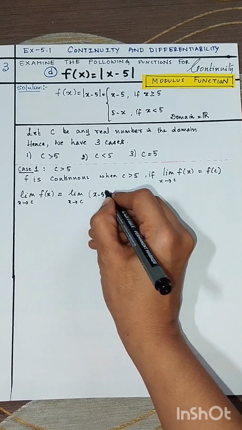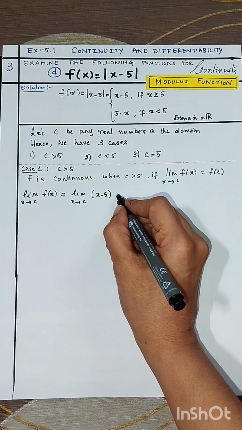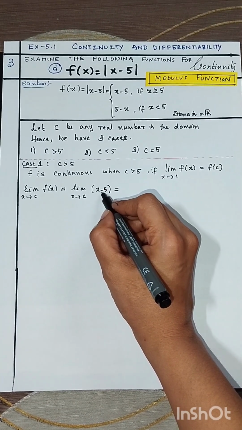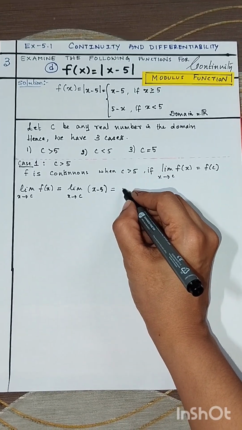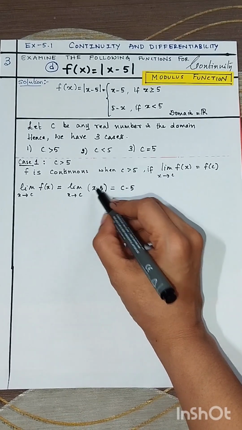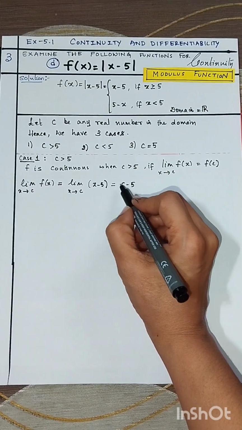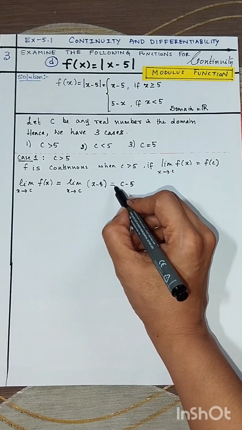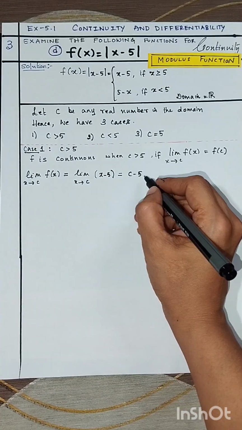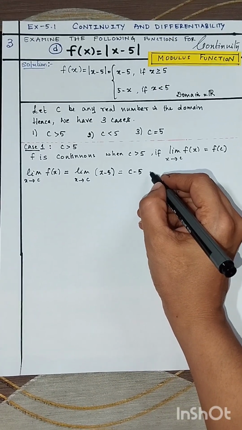That is x minus 5, and this is equal to, now this is a polynomial function, the limit exists at every point, so we can directly write C minus 5. In the place of x we can write C minus 5. So when you are writing, don't write limit here. So now we got the LHS.